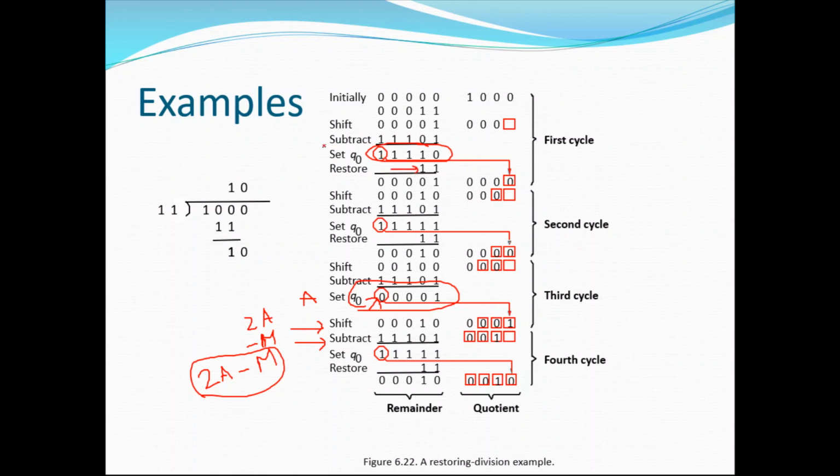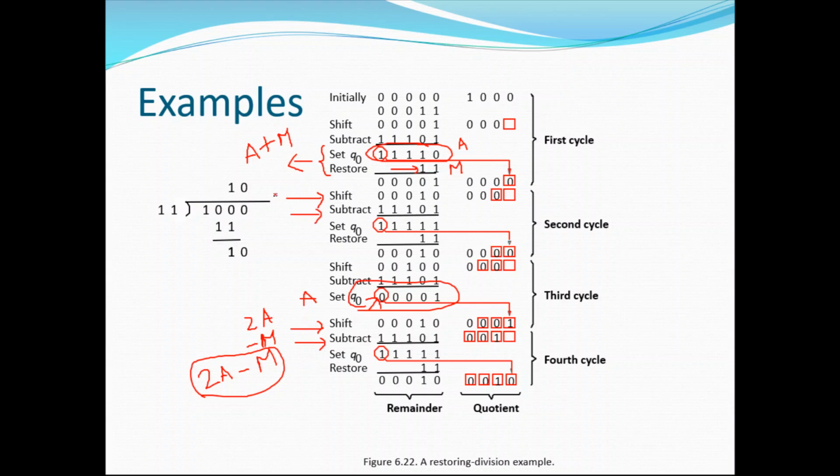So this step is equivalent to performing a plus m, right? Because this is a, this is m, so that we are adding a and m, that is nothing but a plus m. After that, we left shift a and then we subtract m.